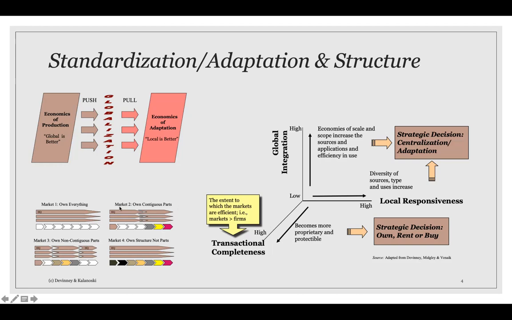When I choose one or another, or a mix of these things, I'm really asking the question: is the market the best way to operate things, or do I need to internalize it within the firm? So all of these things lead to different structures. Different structures also lead to different marketing plans, different marketing strategies, different operational aspects in the nature of the marketing, in terms of what I'm controlling and not controlling.